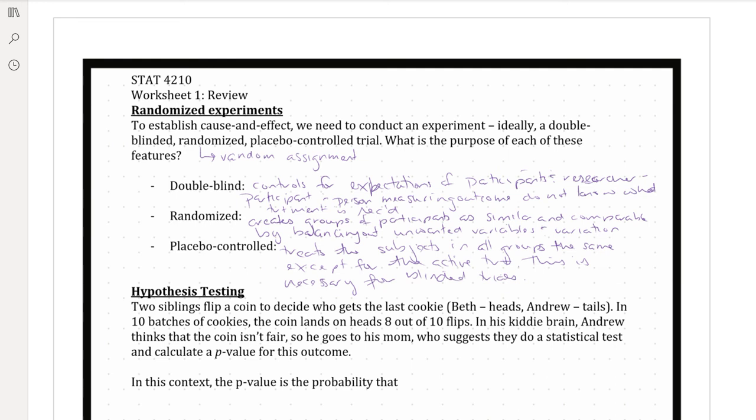For example, we need a placebo when we want to measure the effects of a drug, because if a patient knows that they are not receiving anything, if they are in a drug study and they get a drug, like a pill, versus a group that receives literally nothing, no pill, no shots, nothing, then the patients in the group that don't get anything know that they are not receiving a treatment.